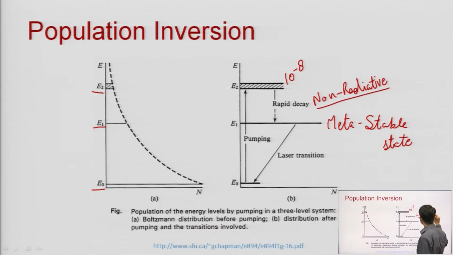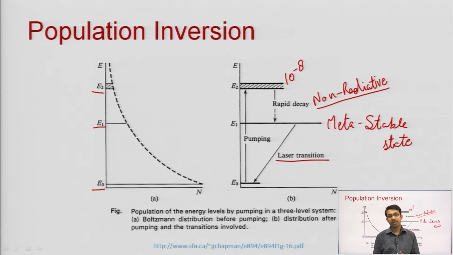Now, when electrons jump from E1 to E0, we get a lasing photon of energy E1 minus E0, and from 1 photon we get 2, from 2 we get 4 and 8, like stimulated emission we have already discussed in our previous class, previous video.